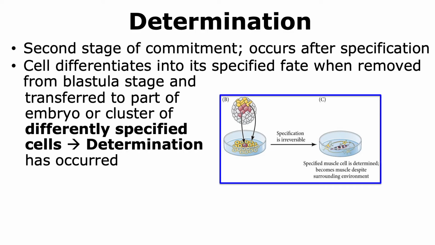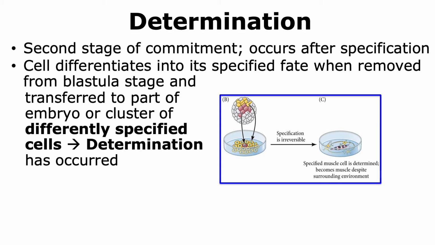So let us consider a blastula where you have two different types of cells. The red colored cells are cells that are supposed to become muscle cells, or muscle tissues, whereas the yellow colored cells are the cells that are destined to become neurons.